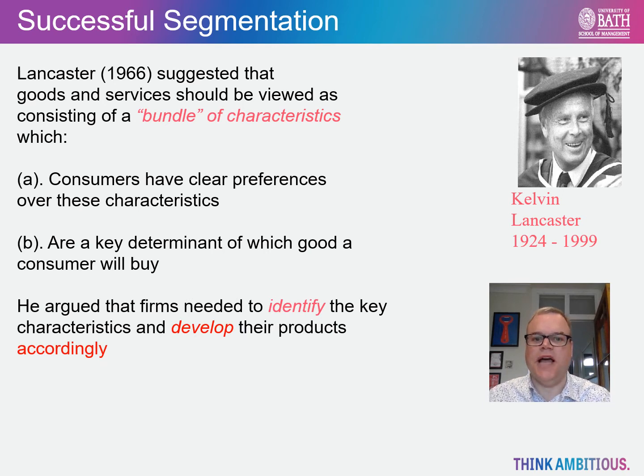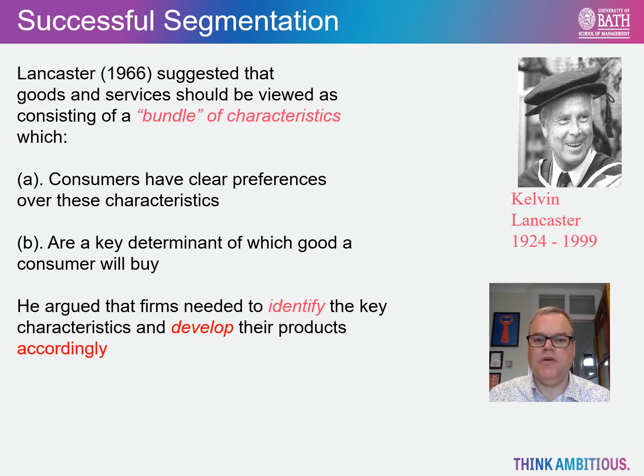If we want to understand how firms can successfully segment markets, then Kelvin Lancaster's characteristics model is a good place to start. Rather than simply looking at the prices of goods and services, Lancaster reframed the consumer choice problem in what became known as hedonistic price theory.